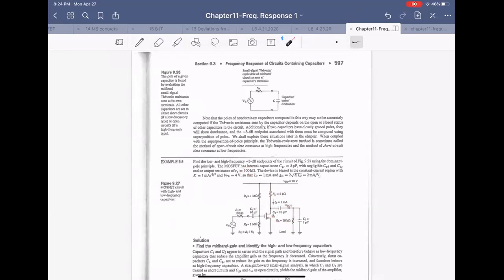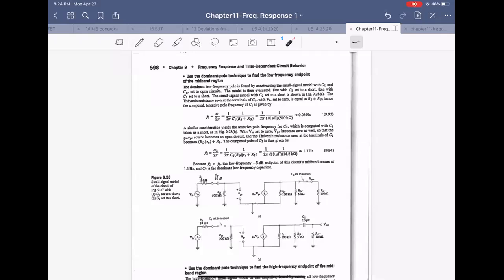So 1 over 2 pi times, in the denominator, C2 times RD plus RL, is 1.1 hertz. So we have FL1, FL2 like this.